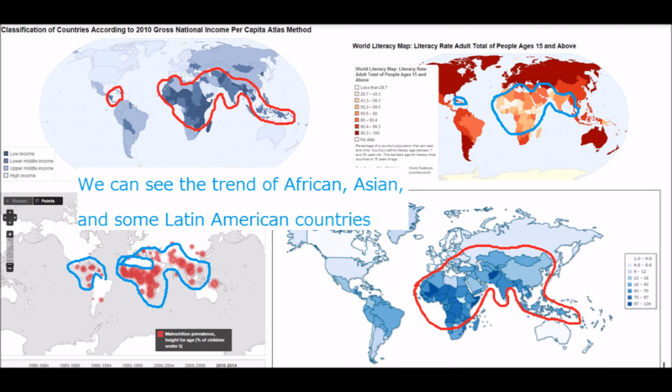And also, by comparing these 4 maps of indices, we can see the trend of many African, Asian, and some Latin countries having the characteristics of a typical poor country. This is very important. In contrast, Western, Oceanian and some other countries have the opposite characteristics of a poor country, and in fact, these countries are well developed.